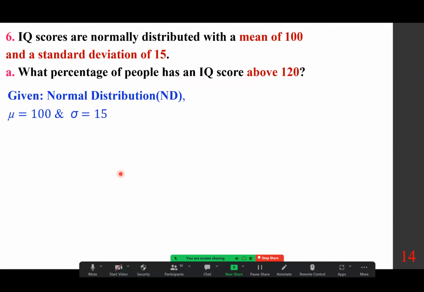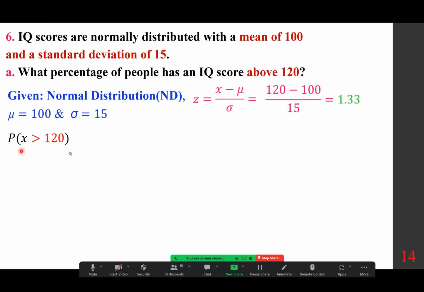And now we want the probability of X larger than 120. We go to the z-score, which is X minus mu over sigma. X is 120, mu is 100, sigma is 15, and that results in 1.33.